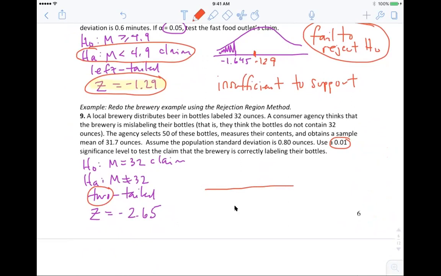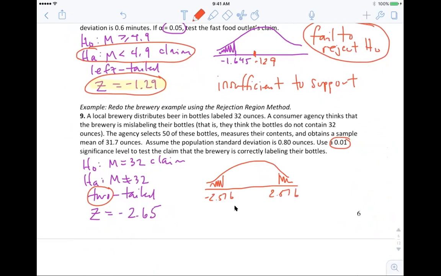Draw it. This is a two-tailed test. And I'm putting that value, negative 2.576 is there, positive 2.576 is there.